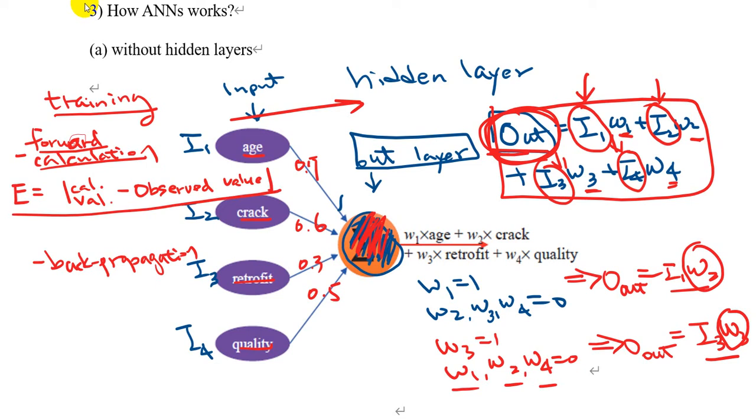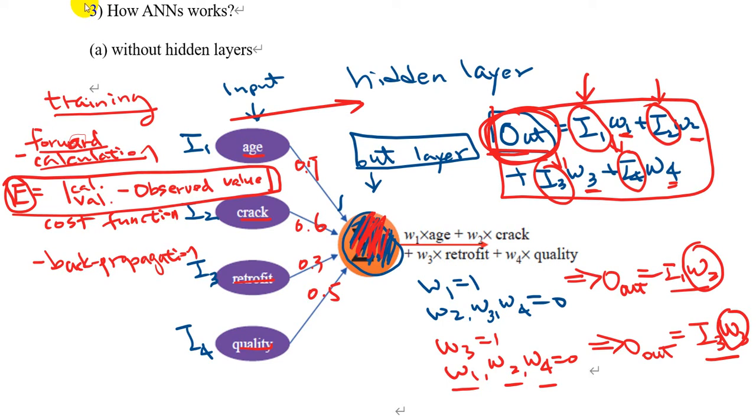We call this the error function, or maybe cost function. We're going to look at it in detail later, but I'm going to explain the brief way of determining weights right now, so this error occurs at the end of the first forward calculation.